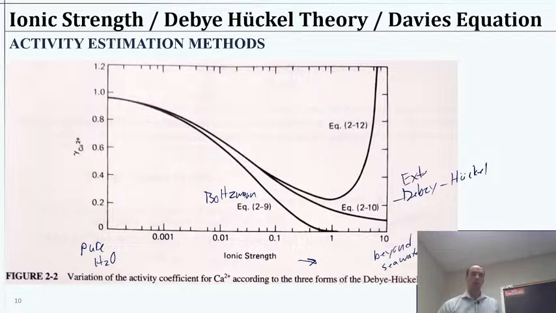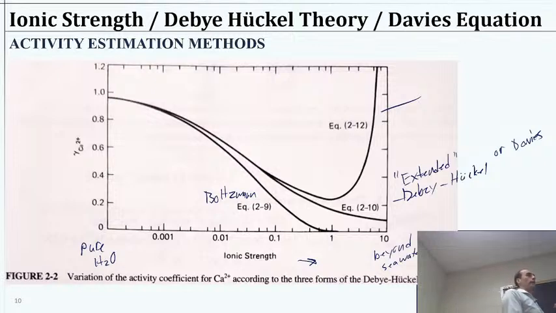The Davies equation can also be called an extended Debye-Huckel. I think then that would leave this one to be the other odd man out that probably doesn't work, because we see the activity shooting up at some point, right? So I think that's probably not a sufficient explanation of the true activity.